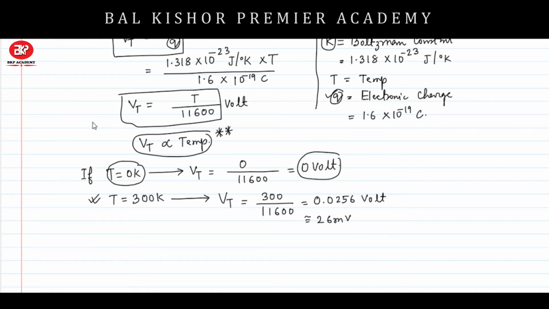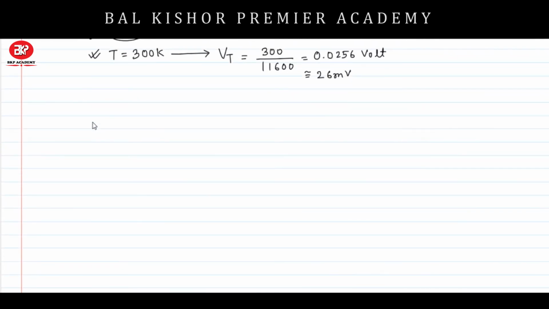So far we have seen that Vt, that is the thermal voltage value, is given by capital T divided by 11,600.